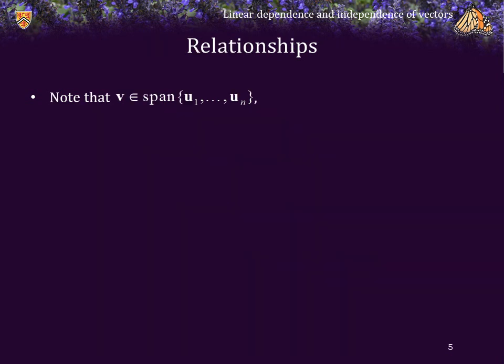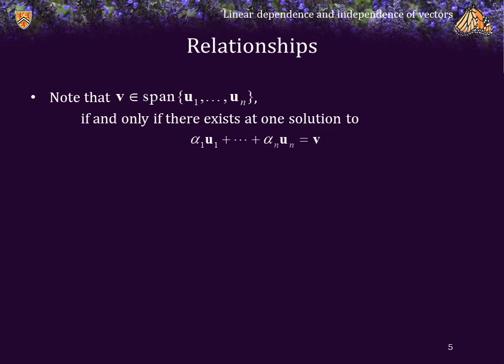Now, note that v being in the span of a collection of vectors is true if and only if there exists at least one solution to there being a linear combination of the vectors u1 through un that equals this vector v.